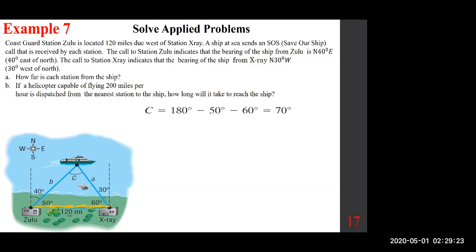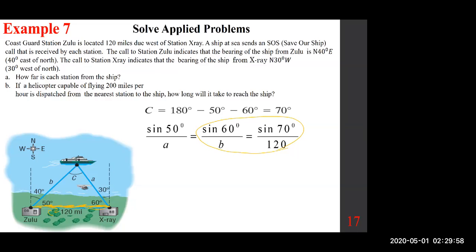For example, we could say sine of 50 degrees, that's opposite lowercase a, is equal to sine of 60 degrees over b. That sine of c, which we just found to be 70 degrees, over 120. Then what do you do? You put these two together and you find the b.